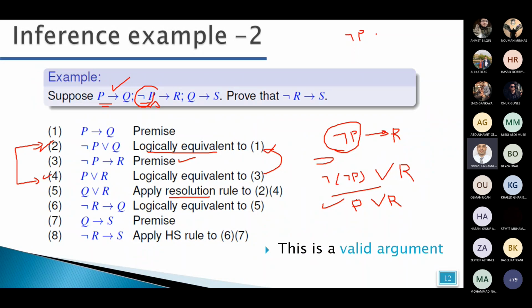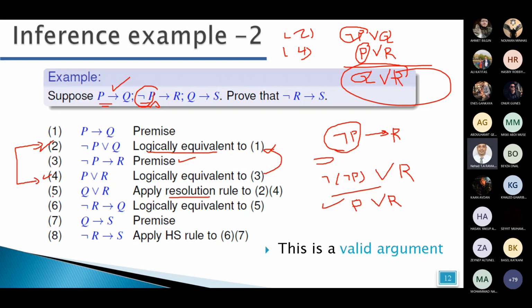Not P or Q, this is statement 2, and statement 4 says P or R. So the resolution rule eliminates P, and then we have Q or R. So the fifth statement, applying resolution on the second and fourth statements, is Q or R.